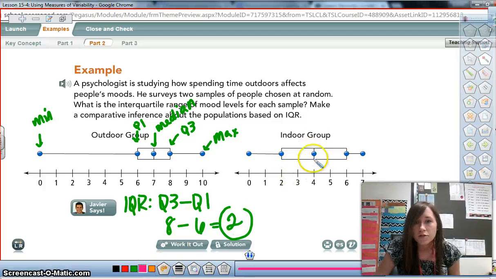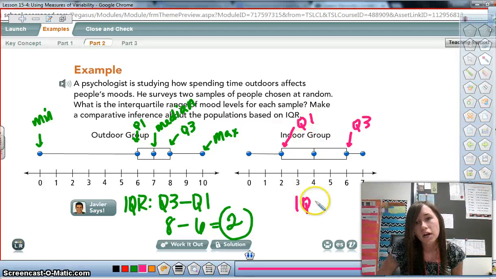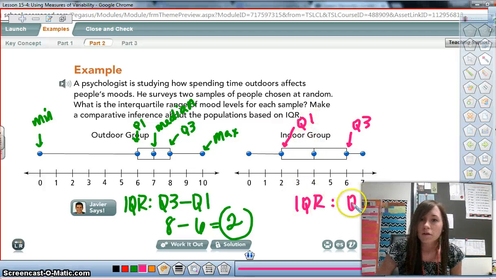In the indoor group, our 3rd quartile is 6, our 1st quartile is 2. So to get our IQR, we would do Q3 minus Q1, 6 minus 2 gives us an interquartile range of 4.